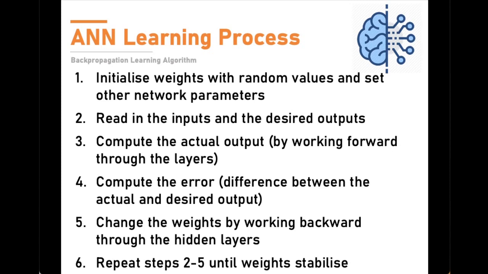In the 3rd step, it computes the actual output by working forward through the layers of the neural network. Then it computes the error, the difference between the actual and desired output, and then changes the weights by working backward through the hidden layers. And this process is repeated from reading the inputs and the desired outputs until the weights are stabilized.